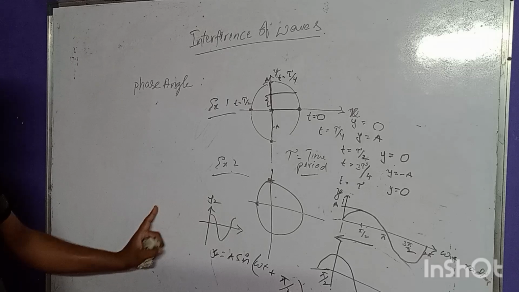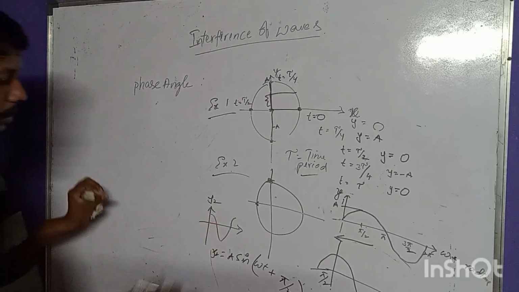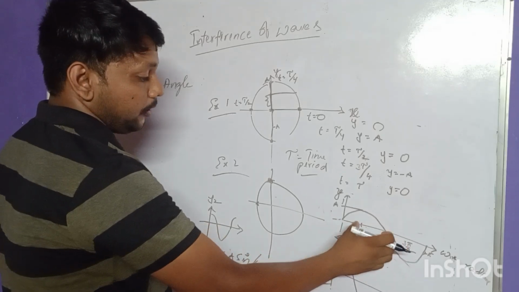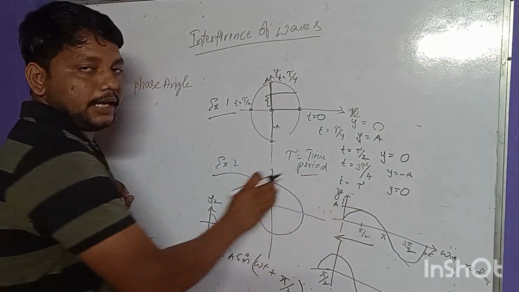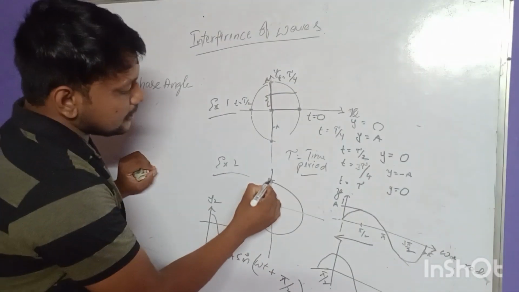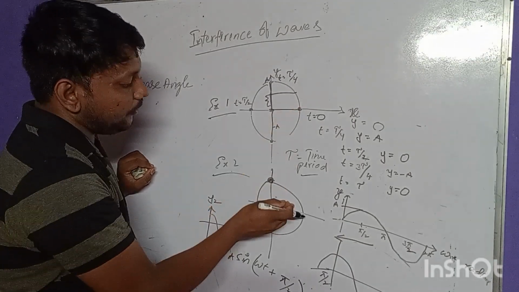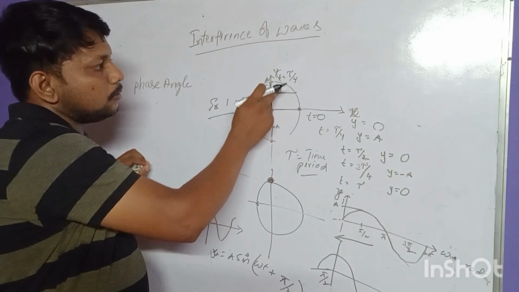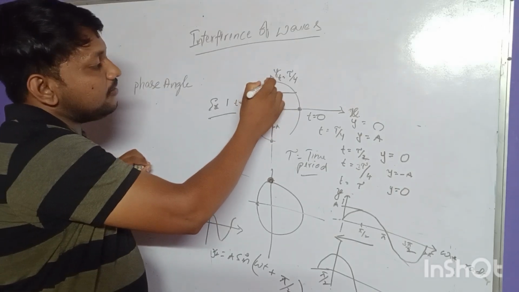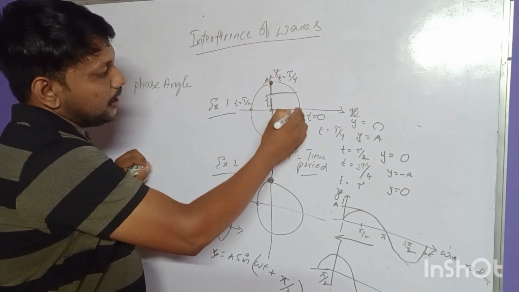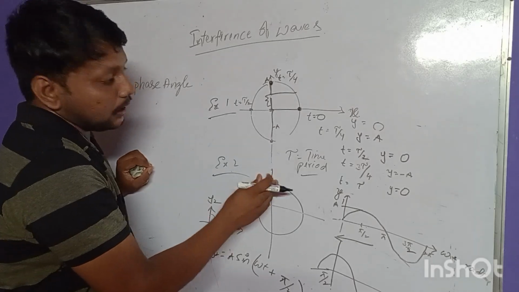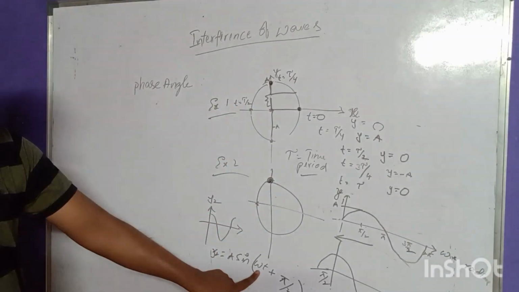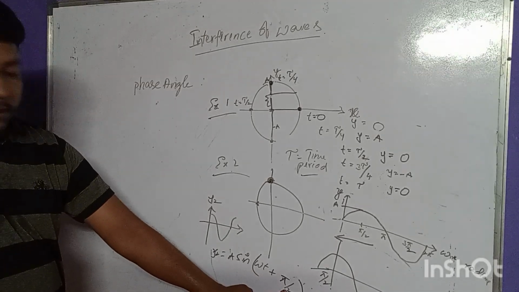Right? Advance, we are shifting this waveform π/2 radians in advance. Means here this particle is moving advance of π/2 radians with respect to y1. ఈ y1 పార్టికల్ కి ఈ పార్టికల్ π/2 రేడియన్స్ అడ్వాన్స్ లో ఉంది. సో రేడియన్స్ కాబట్టి π/2ని యాడ్ చేసాం.